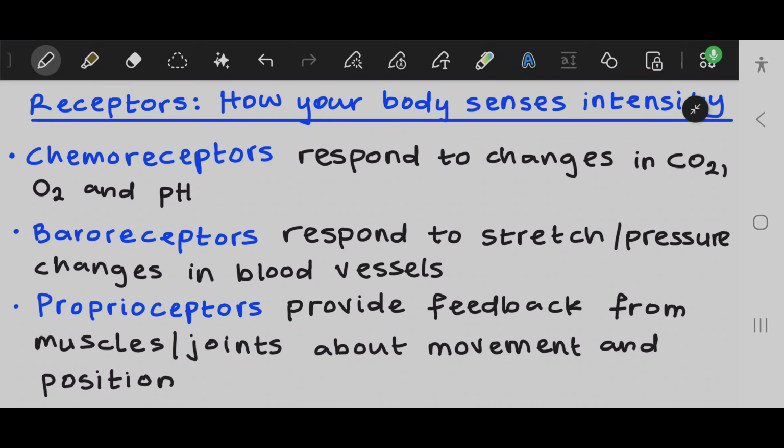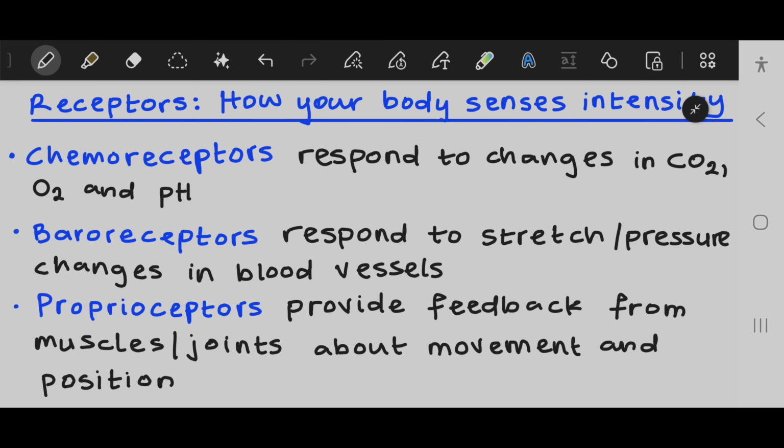Okay, now let's look at the different receptors you must know for this course. As intensity increases, as you start exercising, your muscles produce more carbon dioxide and the acidity in your blood increases. This matters because that increase in CO2 and acidity stimulates your chemoreceptors, and it also helps oxygen to unload more easily from the blood at your muscle tissues, which is what we want, right?